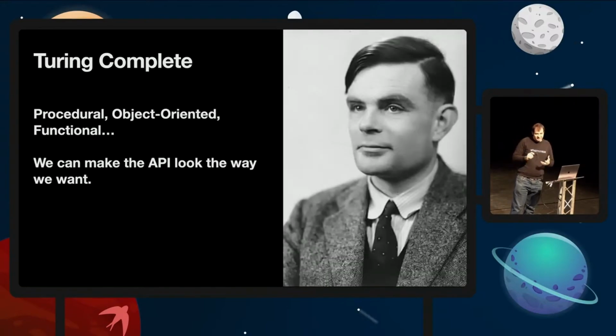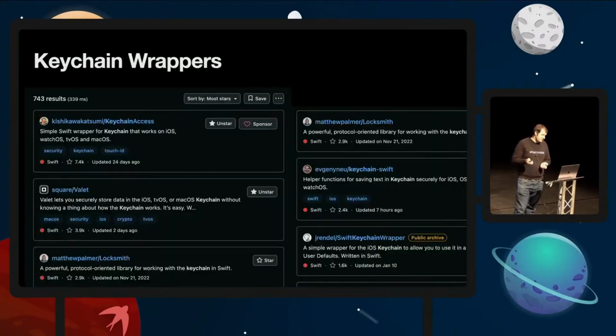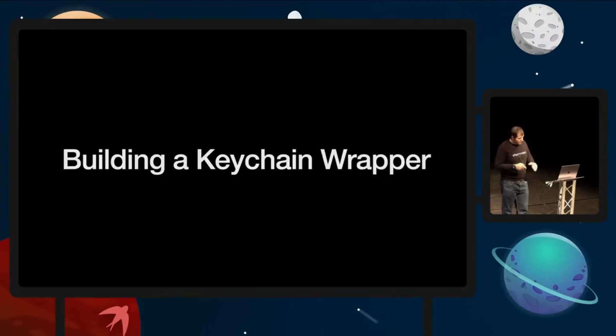Swift is a Turing complete language, which means that it doesn't matter that the API is so difficult to work with. We can mold it into the way we want it to be. And this is actually happening very often. Lots of people, as we've seen here, use Keychain with libraries. There are lots of libraries available on GitHub. And let's build one on stage right now.